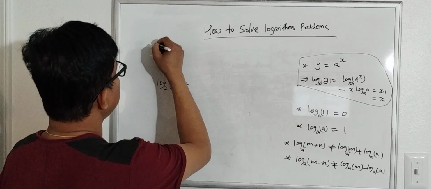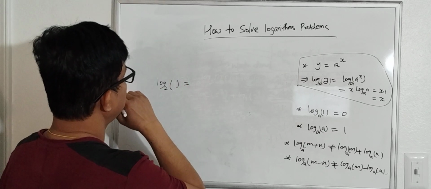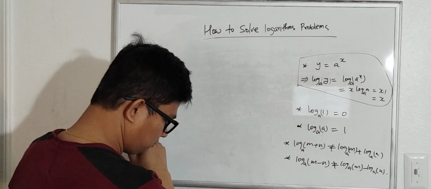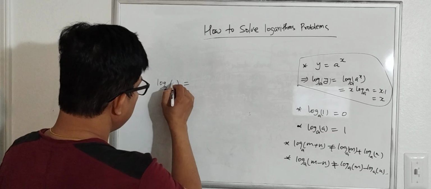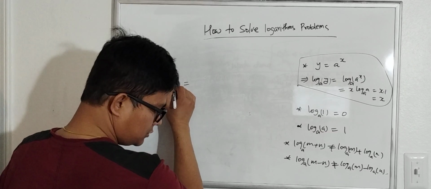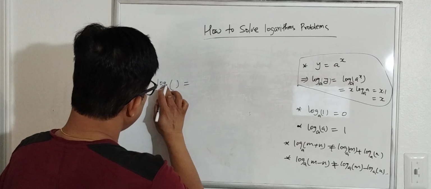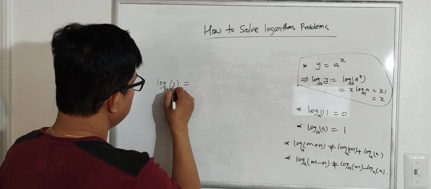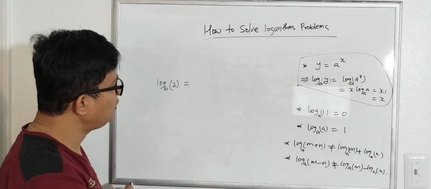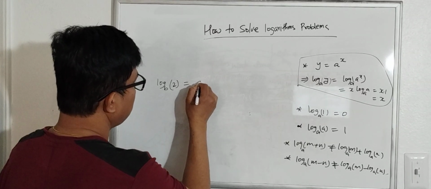I want to come up with some number. Let's say log 2, with some other base, and log 2 is some value a.